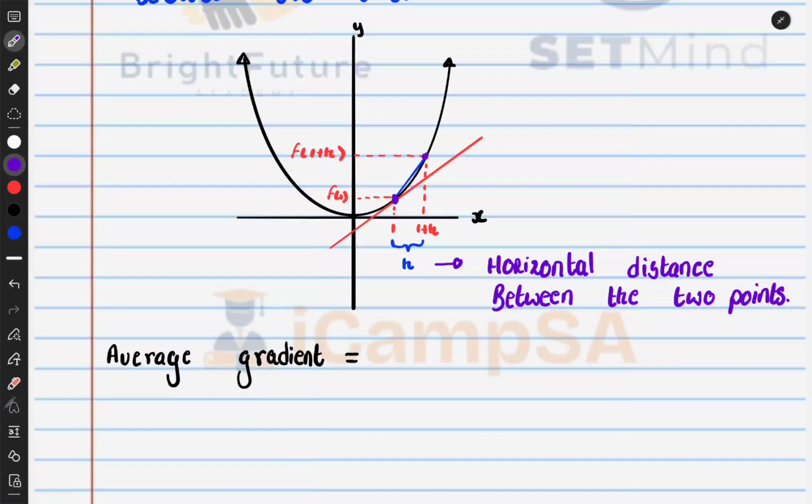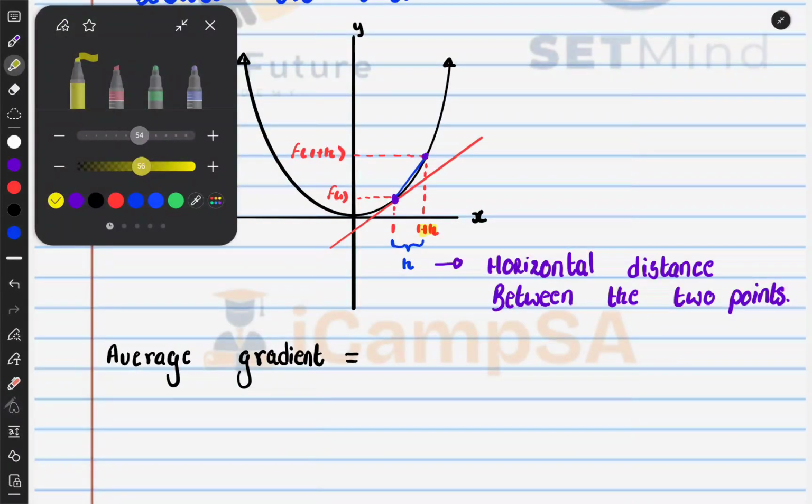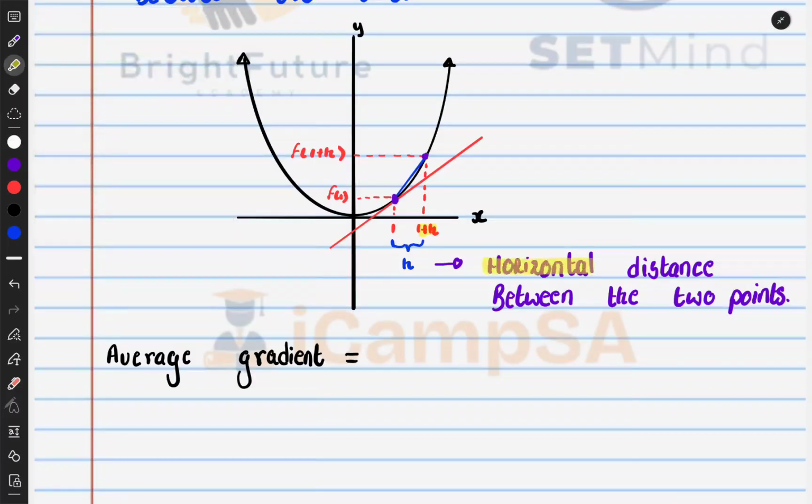And what is the h now? The h that we just added here is the horizontal distance between the 2 points, the point of interest and the point closest to the point of interest. So h is just that distance between those 2 points.